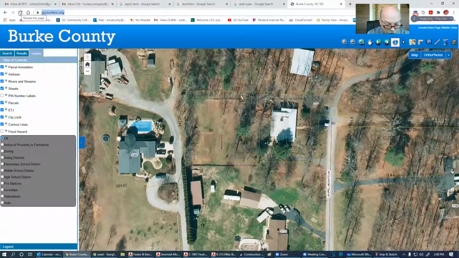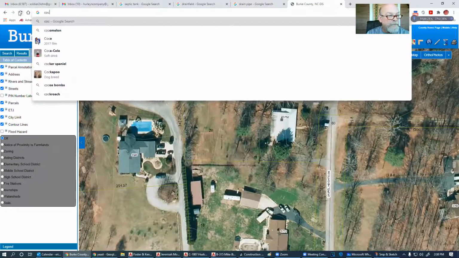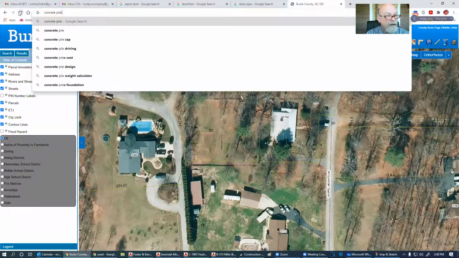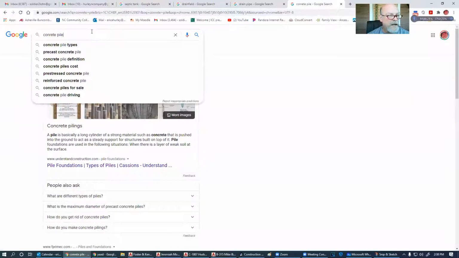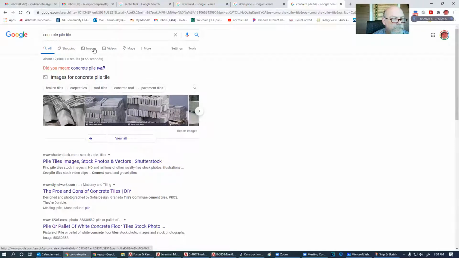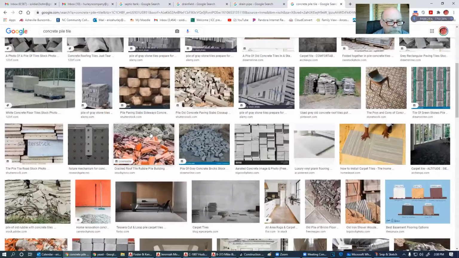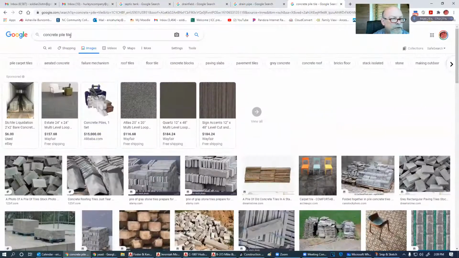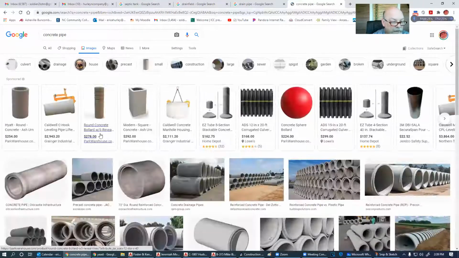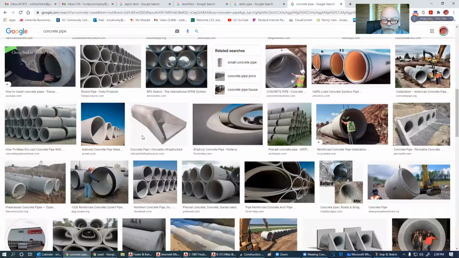In the old days, we could use concrete pipe tiles. Let me put in tile. Well, maybe I shouldn't have put in tile. I'm putting piles. P-I-P-E, pipe. Let's just leave it at that and see what I get. Big ones, of course.